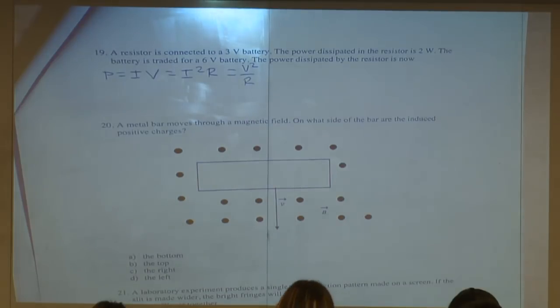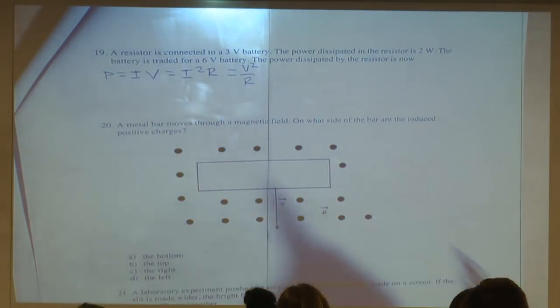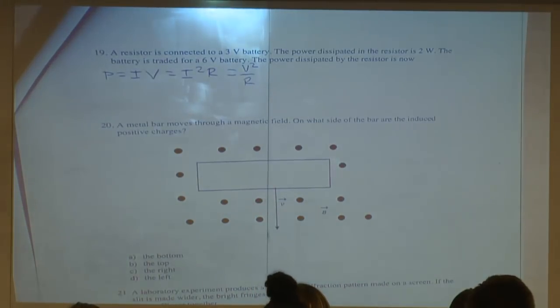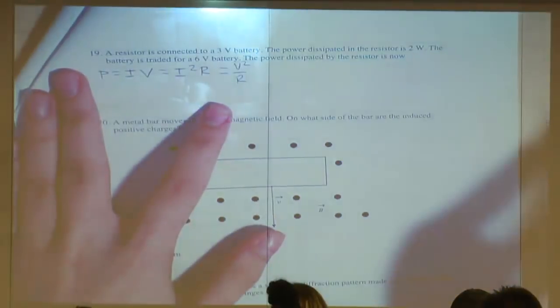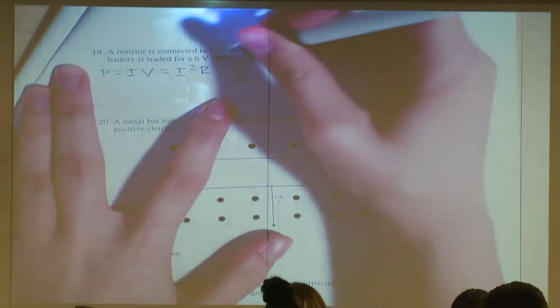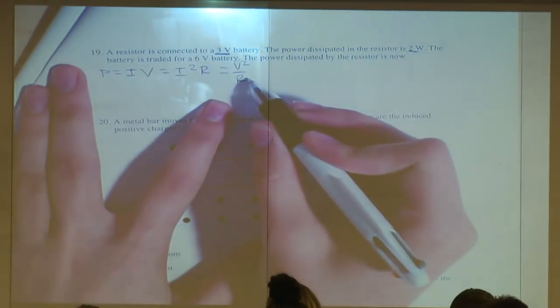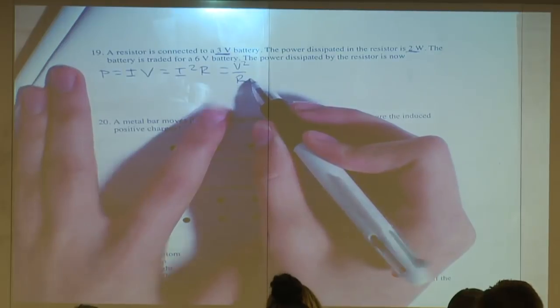If you use one of the equations that has I in it, you could get the wrong answer because you don't want too many things changing. So a safe bet, we're given the voltage and the power. If we want to know R, the best thing to use would be this one right here.